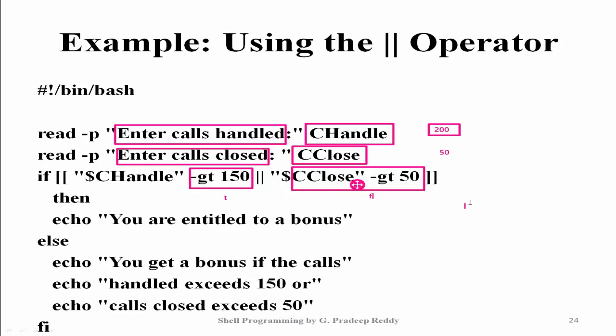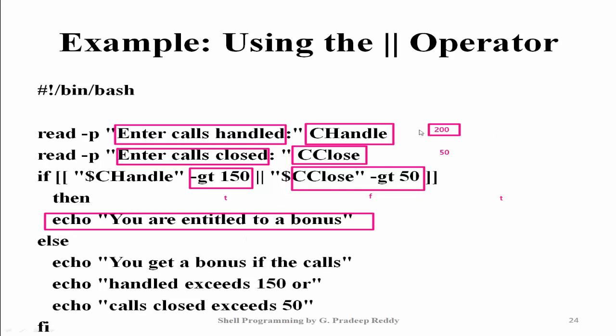So in OR statements, true false will be true. Only false false will be false. So then this particular statement will be executed and it is going to print you are entitled to a bonus, because he has handled 200 calls and either of these statements is true.